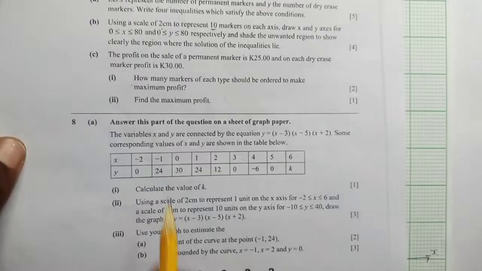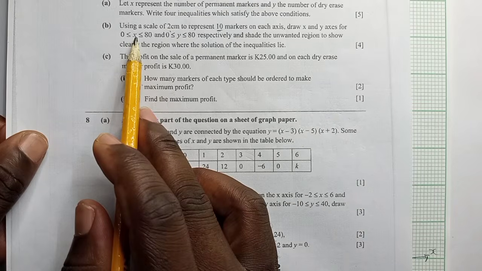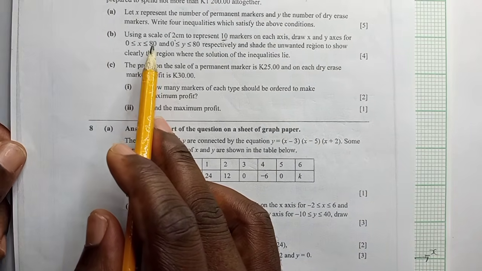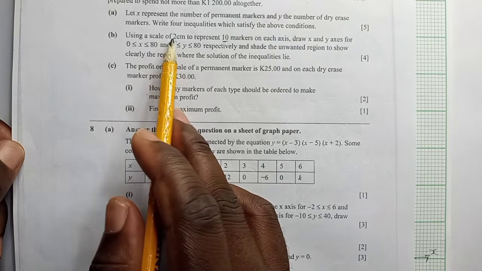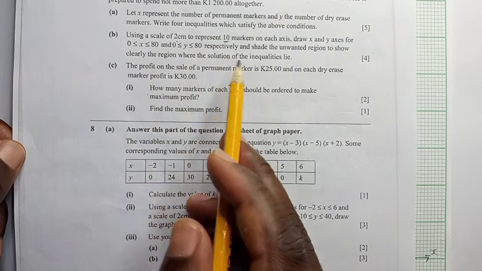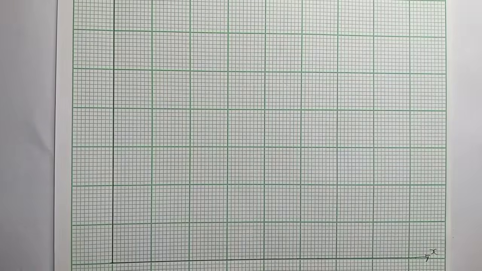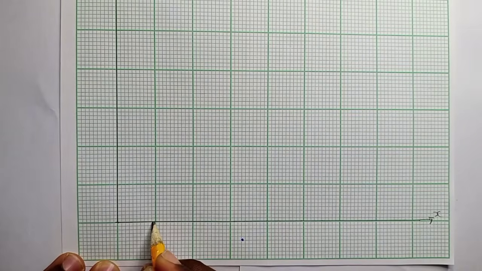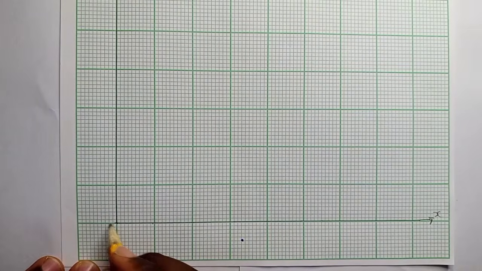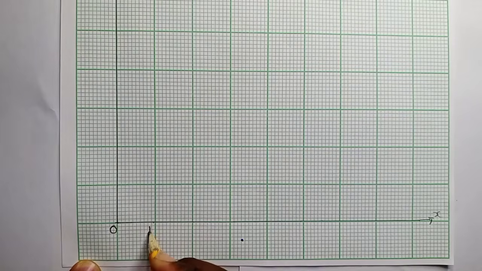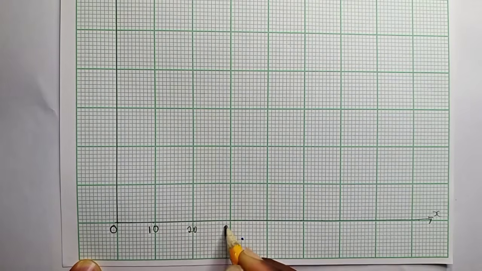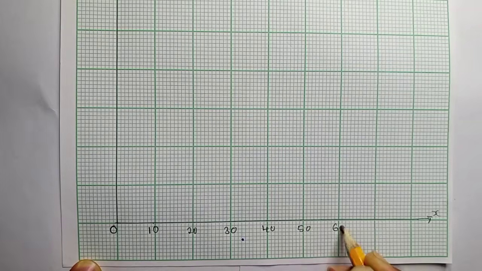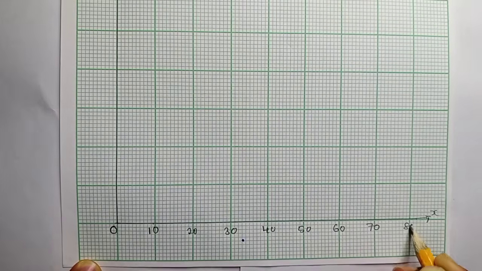Now, following the scale that we've been given, 0 is less or equal to x less or equal to 80 here, and they have said 2 centimeters to represent 10 markers. So 2 centimeters, that's x-axis. From here to here is 2 centimeters. So we'll be moving in tens. So 0, 10, 20, 30, 40, 50, 60, 70, and 80 there.